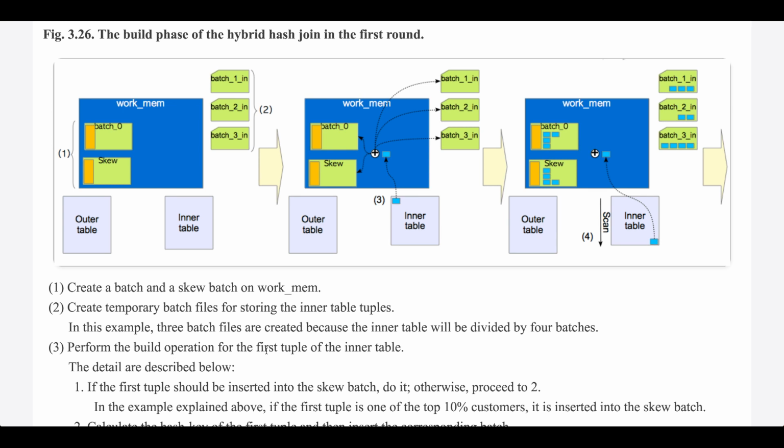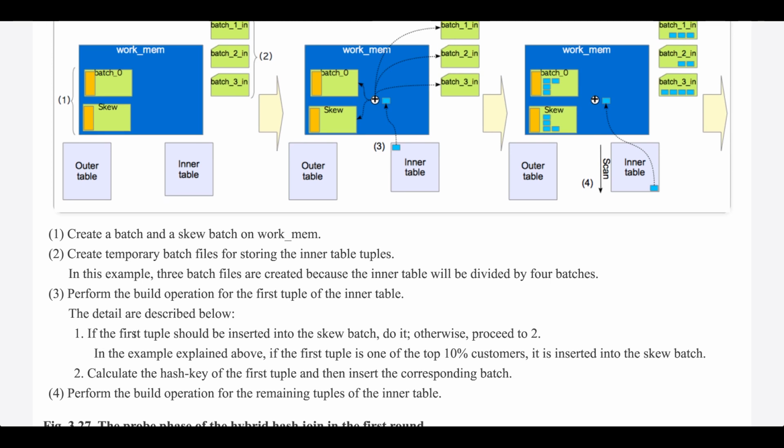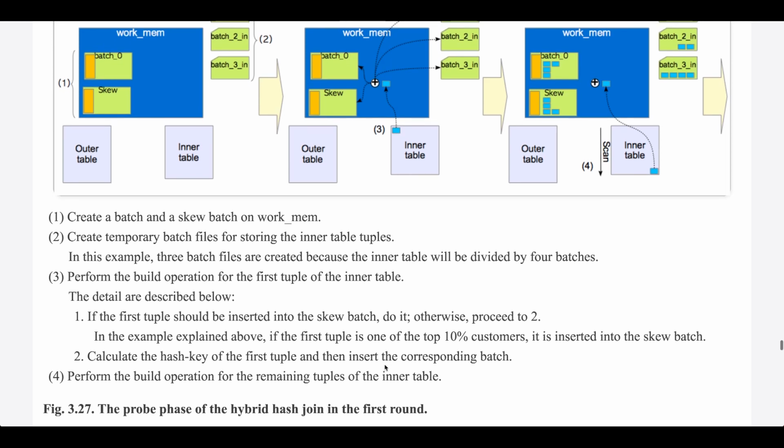Perform the build operation of the first tuple of the inner table, which involves: if the first tuple should be inserted into the SKU batch, do it. Otherwise, proceed to 2. In the example above, if the first tuple is one of the top 10% customers, it is inserted into the SKU batch. Then, calculate the hash key of the first tuple and insert it into the corresponding batch.